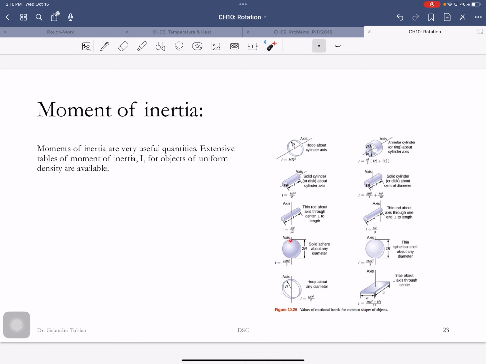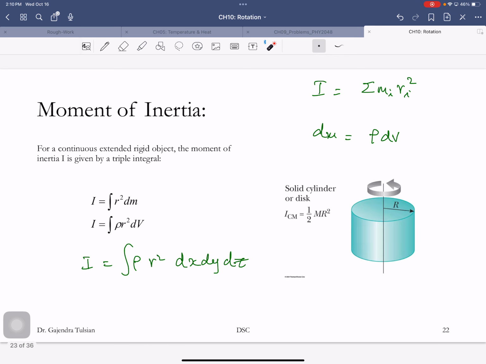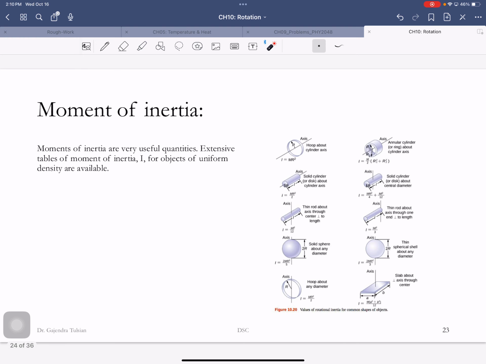For a solid sphere, they've done that integral about that axis. Again, you have to be smart about the choice of coordinate system you use. For this axis, you will have to use spherical polar coordinates. For this one, cylindrical polar coordinates, and so on, to do that triple integral. But people have been nice, and they've done this integral, and they give you this table.